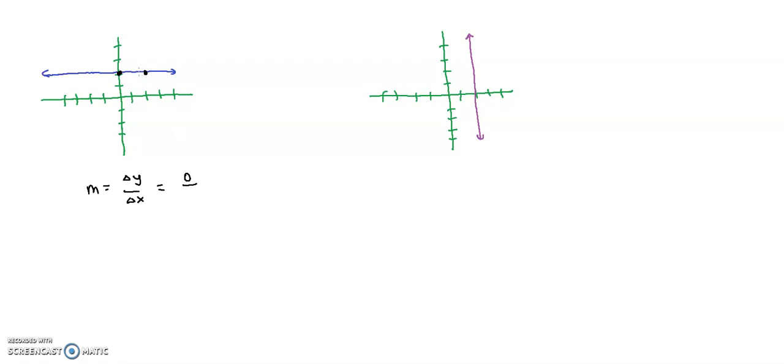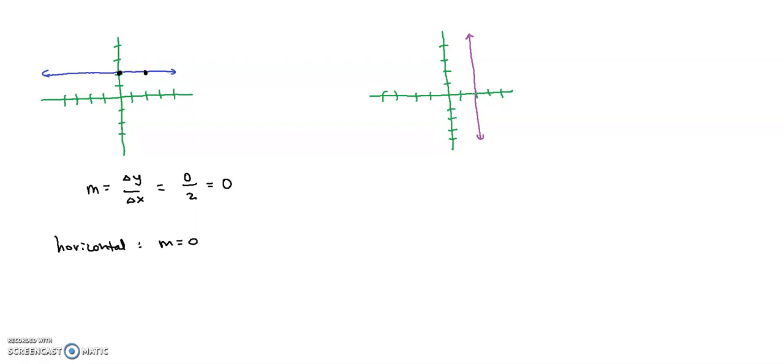And for this example, our change in x is 2. So there's no change in y, and the change in x can really be anything because 0 over any number is 0. I picked a horizontal line here, but it could be any horizontal line. Your change in y will always be 0. So horizontal lines always have slope equals 0.